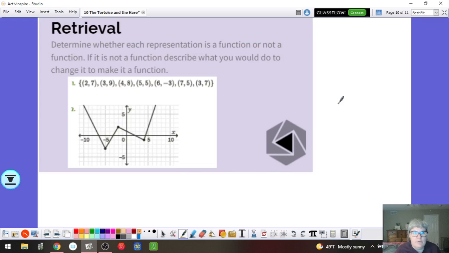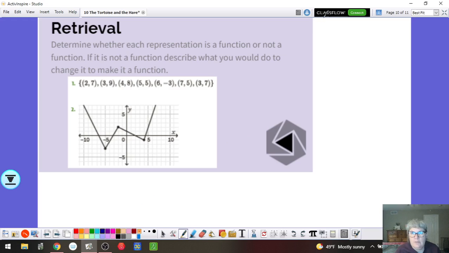Now is some time for some review from Algebra 1. Determine whether each representation is a function or not a function. If it is not a function, describe what you would do to change it to make it a function.